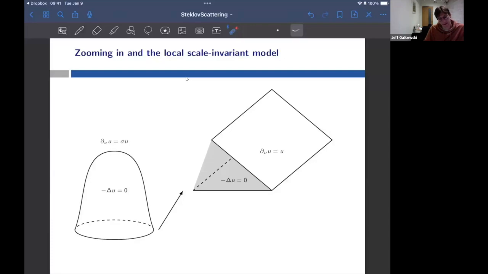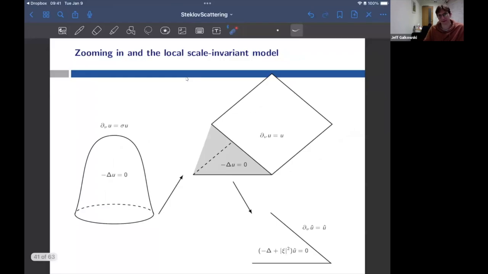Now this problem has an extra symmetry: a translation symmetry. Whenever you see a translation symmetry, we all know what to do. We take the Fourier transform. You can't resist taking the Fourier transform. Then you quickly see that I've reduced myself to the two-dimensional problem, still with the same Steklov boundary condition, but with a positive mass.